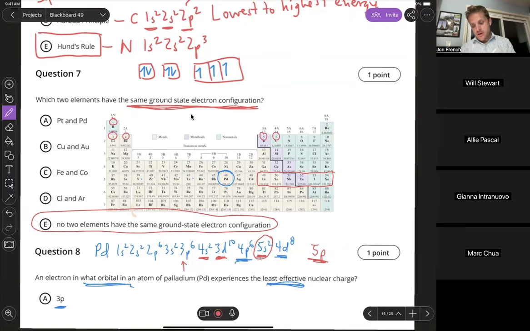That tells us our number of protons, and that also tells us our number of electrons, since protons always equal electrons for a neutral atom. So no two neutral atoms can have the same electron configuration. Ions can, but the question wasn't asking about ions. So choice E, kind of a trick question.